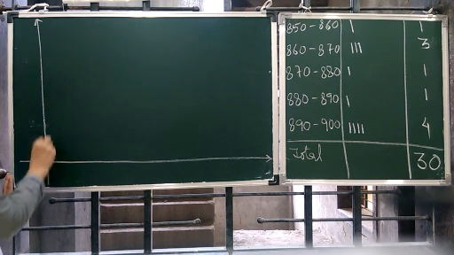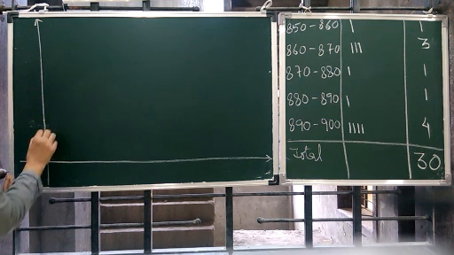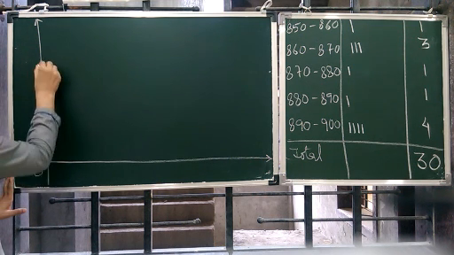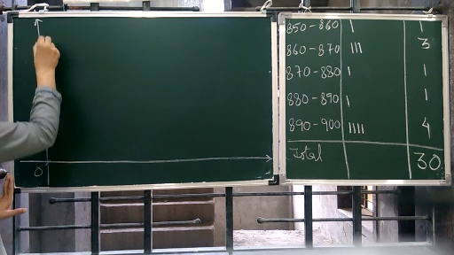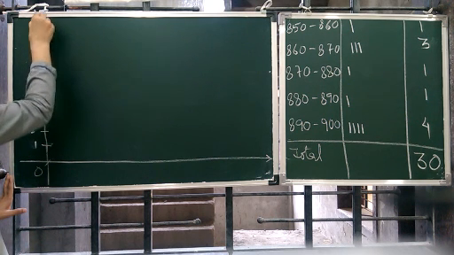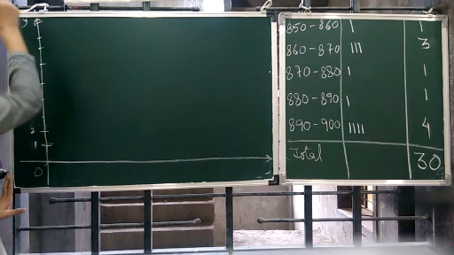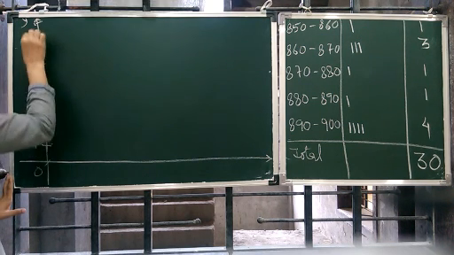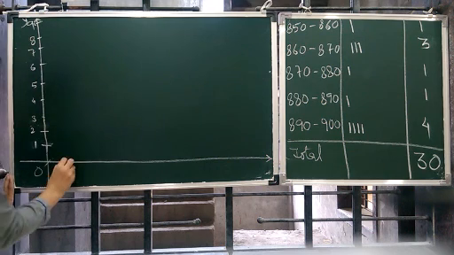Maximum is 9, so we take till 9 only: 1, 2, 3, 4, 5, 6, 7, 8, and this is 9. This is your y-axis, again 1 to 9.